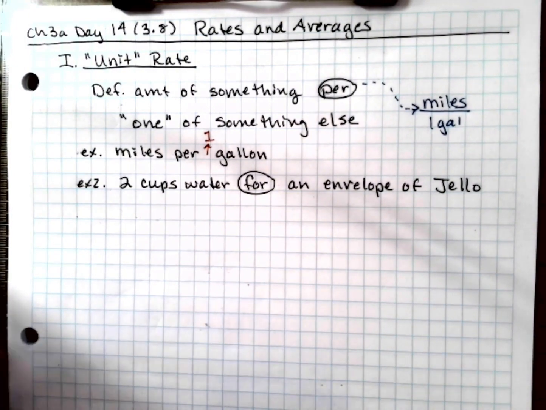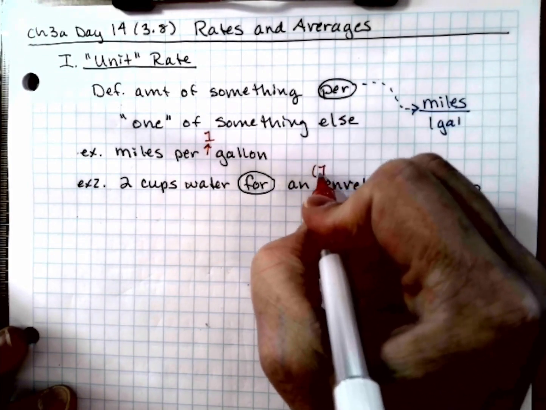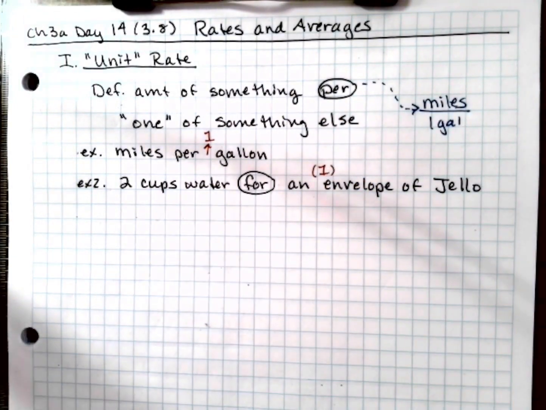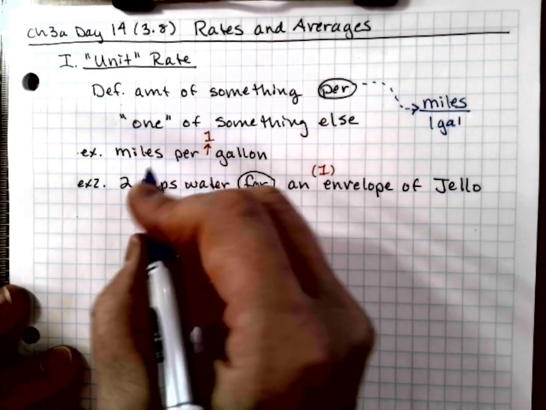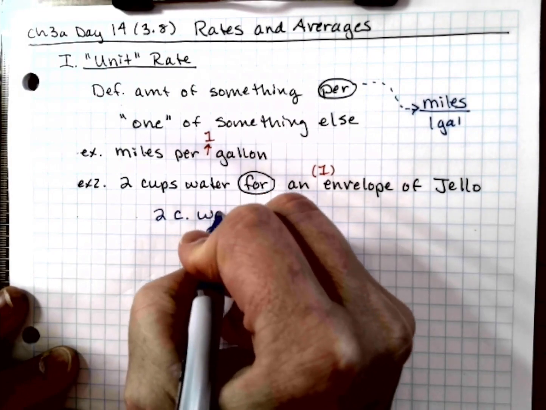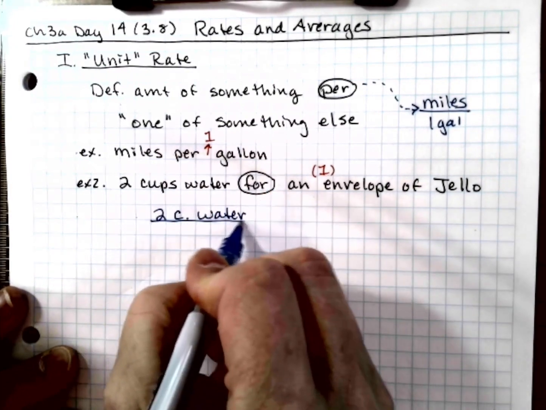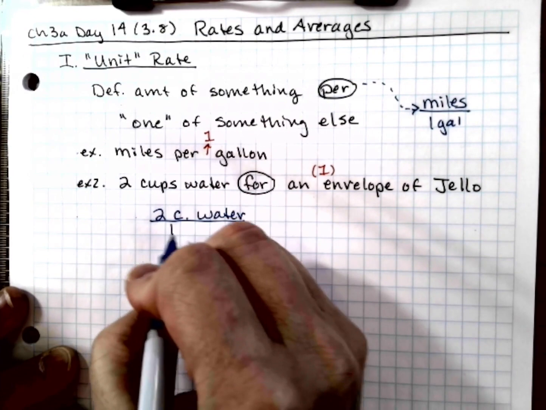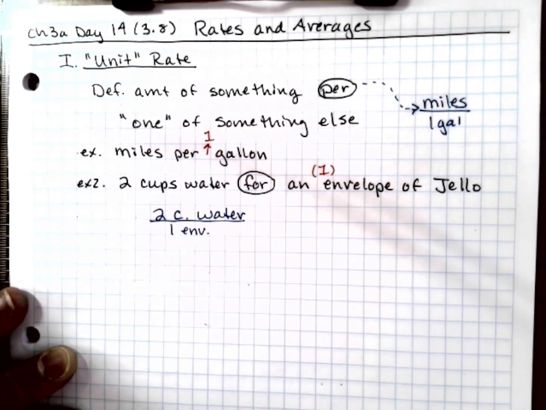And an means one. An envelope means one envelope. So it is actually a unit rate. In fraction form, this would be 2 cups water over 1 envelope of the Jell-O.